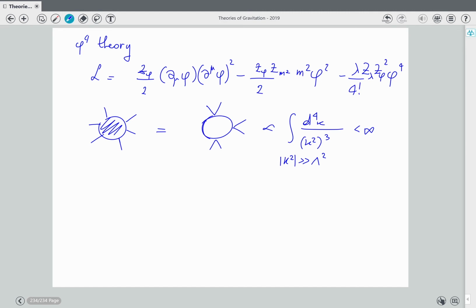So when you complicate the diagram, it will become more convergent, at least here. Well, it turns out there is a very simple rule to have control on all this, which is called power counting.